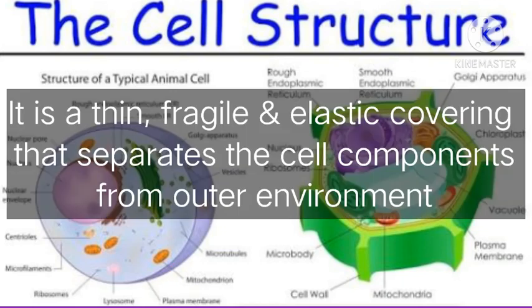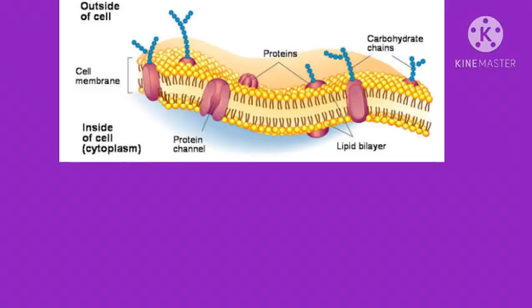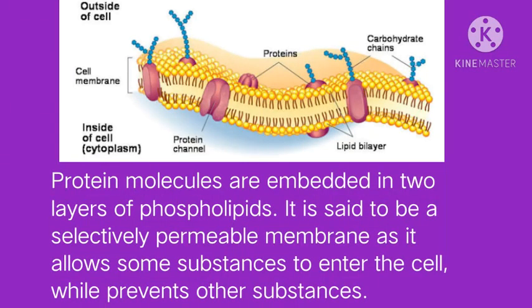Now the second component of cell, plasma membrane or cell membrane. It is a thin, fragile, means breakable, and elastic covering that separates the cell components from the outer environment. Now structure of plasma membrane. Protein molecules are embedded in two layers of phospholipids.